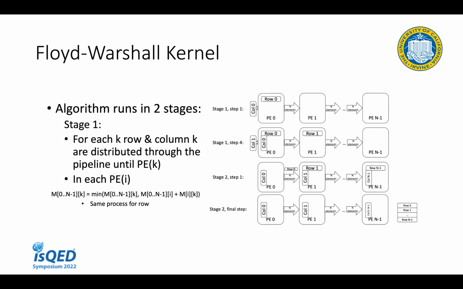Each row and column in the first stage will be streamed alternatively through the processing elements, such that each row or column K reaches processing element K. Along the way, in each processing element, each row and column will get updated against the existing rows and columns in those respective processing elements.